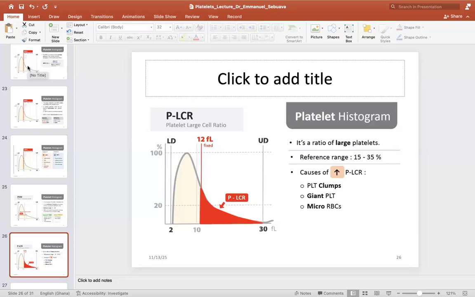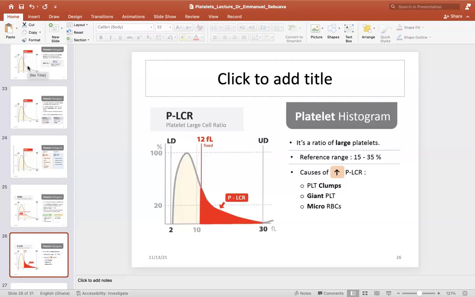You group the large platelets and take a ratio over the total platelets counted, and that also has clinical significance.